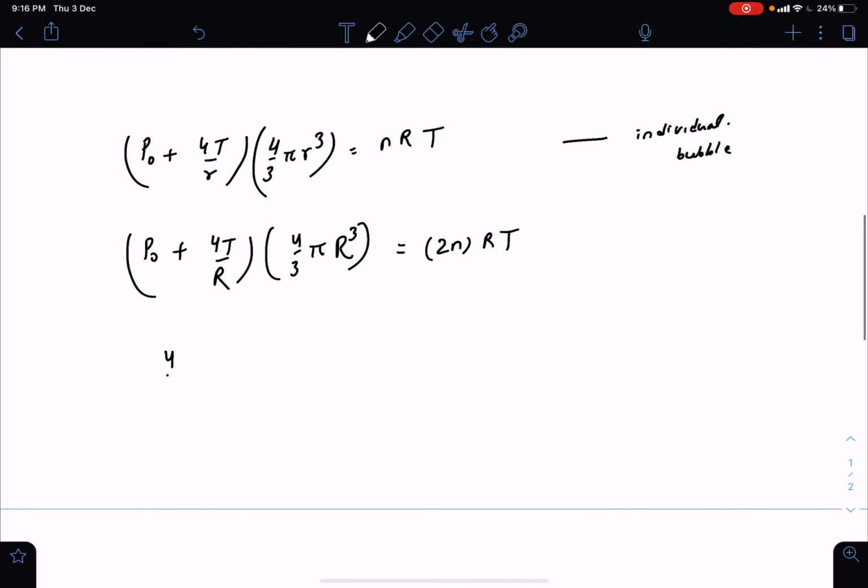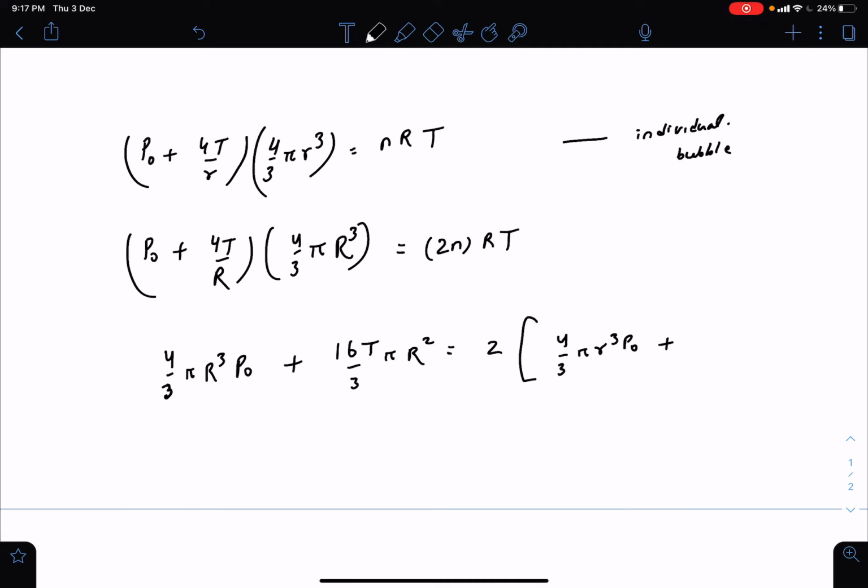So from here we get 4 by 3 pi r cube into P naught plus we get 16T by 3 pi r square is equal to twice of, now nRT can be written as 4 by 3 pi r cube P naught plus 16T by 3 pi r square.